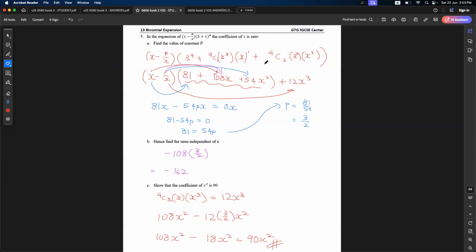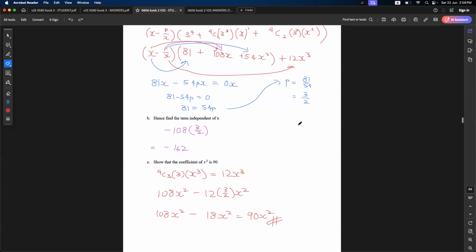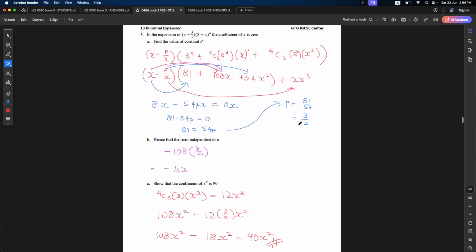If you are not confident how many expansions are needed, you expand everything. But if you understand the question better already, then you just expand to whatever you need. Anyone unclear about this part?